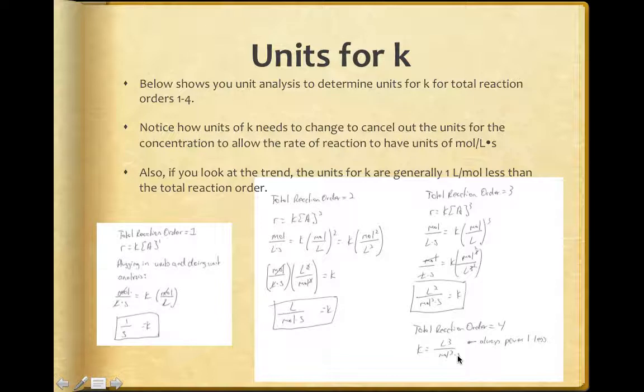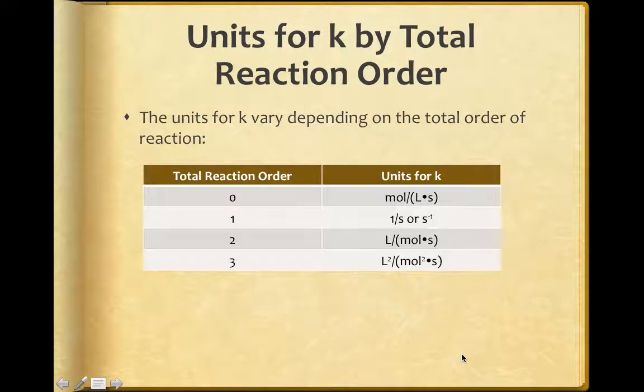If we have total reaction order 5, it's going to be liters to the 4 over moles to the 4 seconds. Okay, so we don't need to memorize this. What I'd recommend is that you write out a chart, and then every time we're doing a problem, you just figure out what the overall order of the reaction is and write out what the units are going to be. I do not expect us to do the unit analysis, but you should be able to tell me what the units for K are.